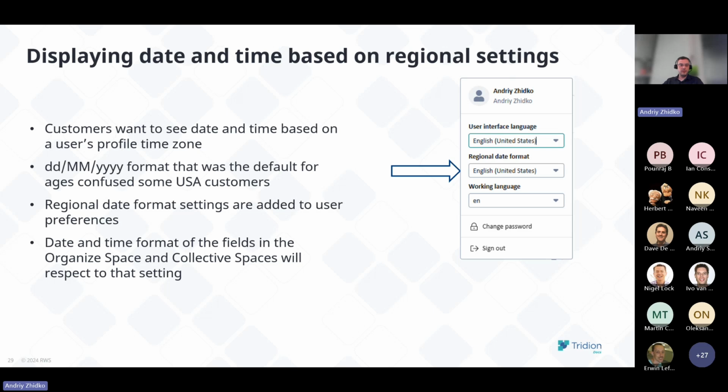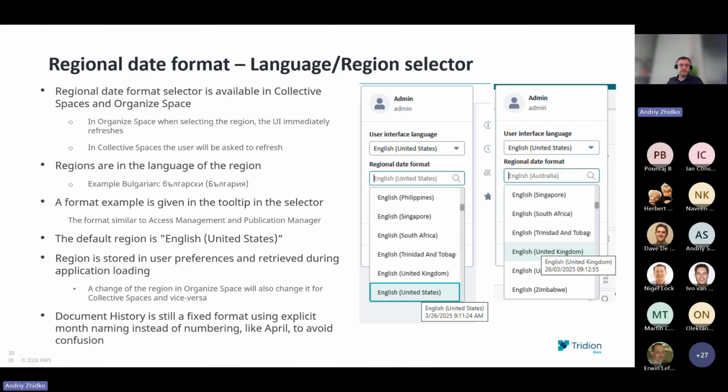We are using day, month, year, while they are used to month, day, year format. So we introduce regional settings for a user as part of the user preferences dialog, and both organized spaces and collective spaces will respect that setting.